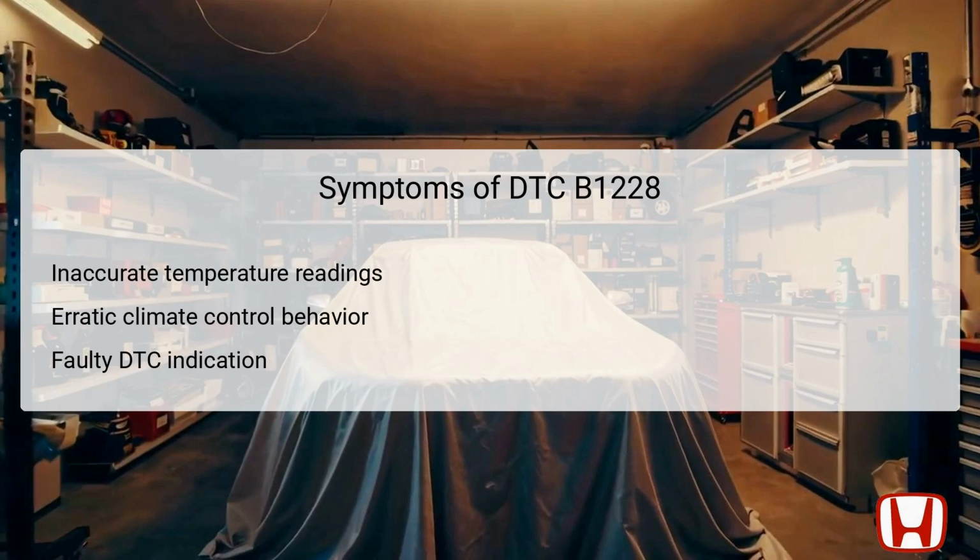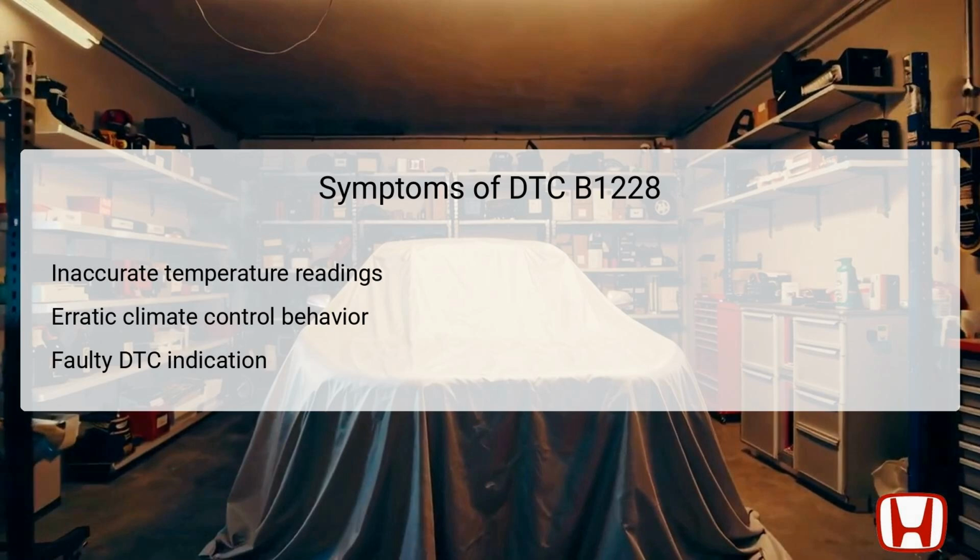Diagnosing DTC B1228 can yield a variety of symptoms that are indicative of an underlying issue with the outside air temperature sensor. Drivers may notice inaccurate temperature readings displayed on the climate control screen, which can lead to improper heating or cooling within the vehicle.